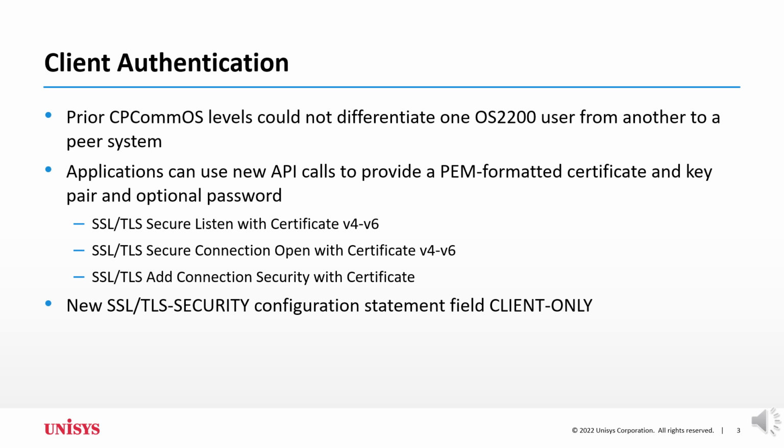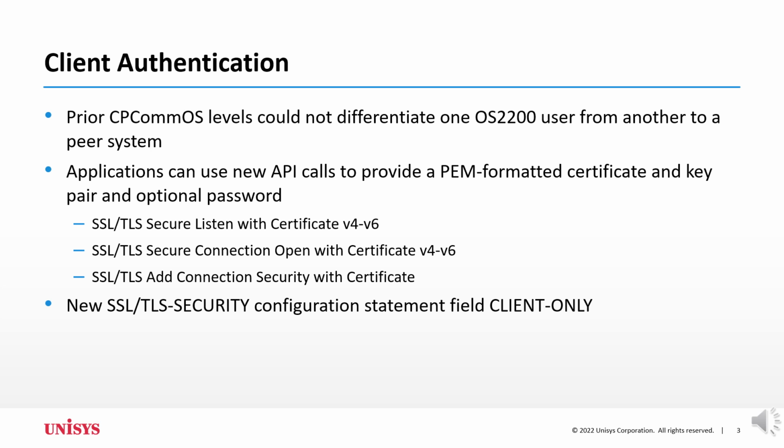Since the application can now provide the certificate and key needed for the SSL TLS handshake, this feature also adds a new optional client-only field on the SSL TLS security configuration statement. Use this field to tell CPCommOS that programs using the SSL TLS security configuration statement act only as clients and never as servers.